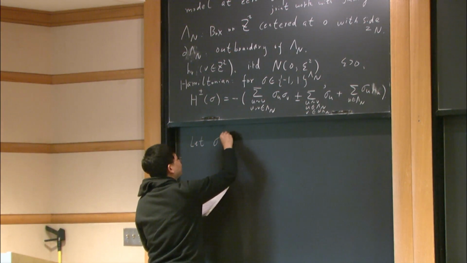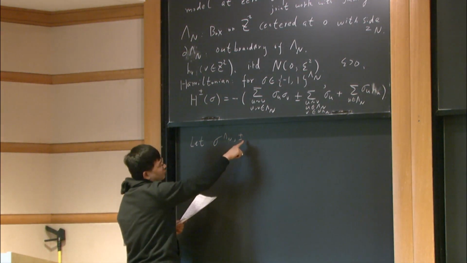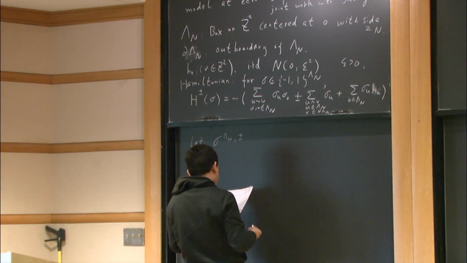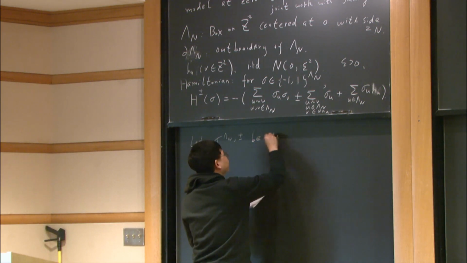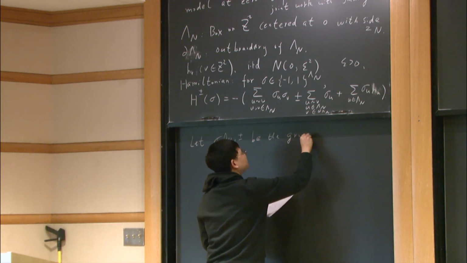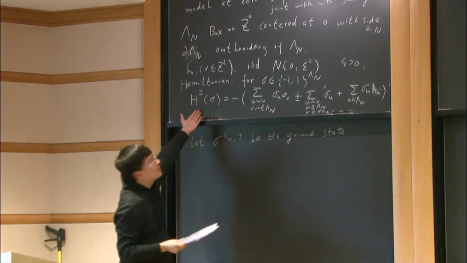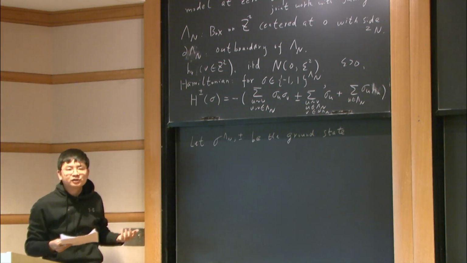Let sigma^{Lambda,+} and sigma^{Lambda,-} mean the ground state with respect to plus boundary and minus boundary condition respectively, namely the minimizers of the Hamiltonian. And with probability 1, this ground state should be unique.